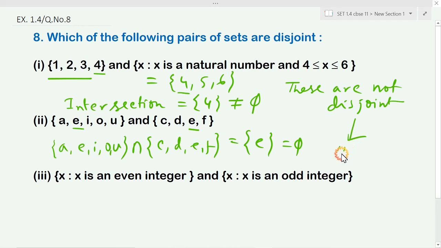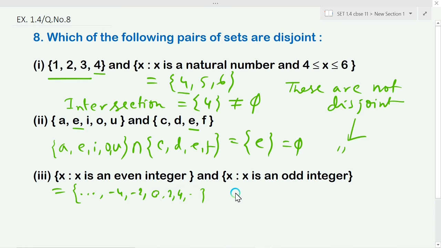Now x is an even integer, so this will be some dots, then -4, -2, 0, 2, 4 and so on.